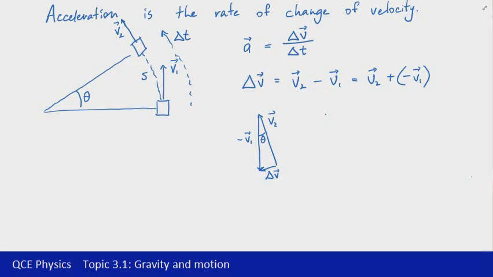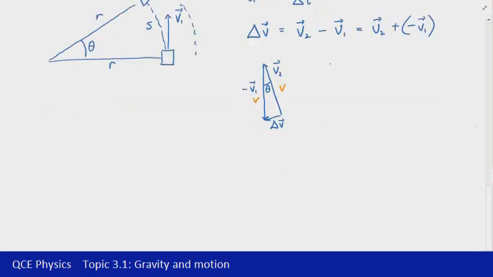One of the other things to note on this diagram on the left, both of these sides here are going to be the radius r, and if you consider the smaller diagram over here that we've got of the vector addition, both of these vectors, v2 and v1, have the same magnitude, so the magnitude there being v in each case. We have a situation that we can look at similar triangles.